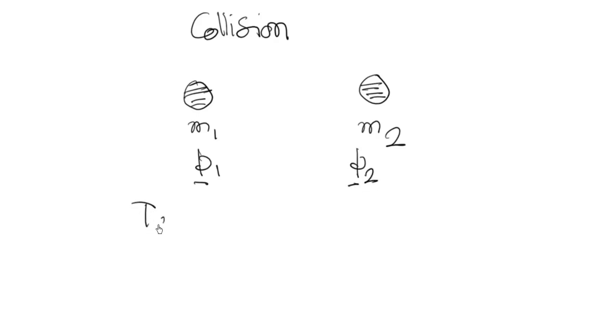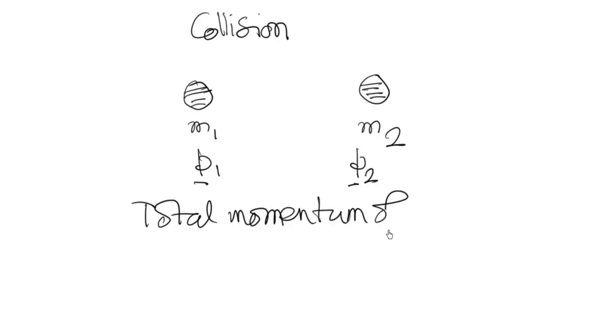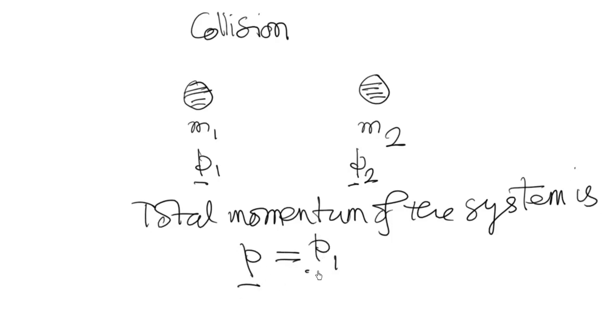If we consider two particles, one with mass m1 and another with mass m2, let us suppose that the linear momentum of the particle with mass m1 is p1, and the momentum of the particle with mass m2 is p2. So the total momentum of the system is p1 plus p2.